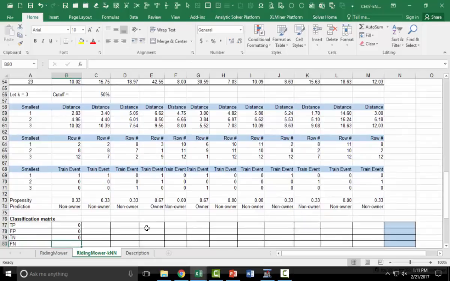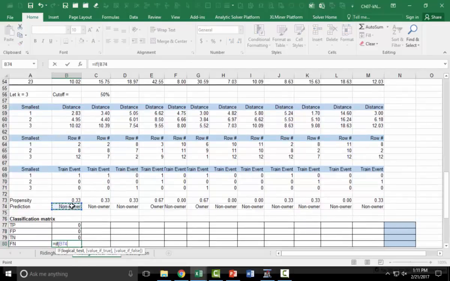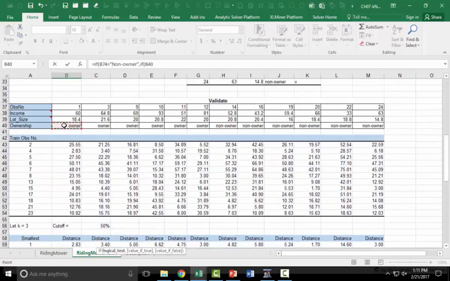False negative will be if we predict non-owner and if the actual is owner, then that would be a false negative.